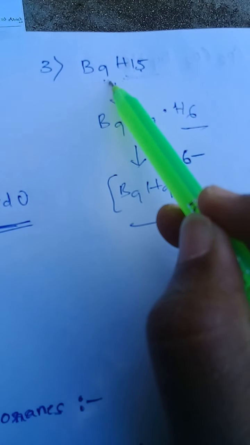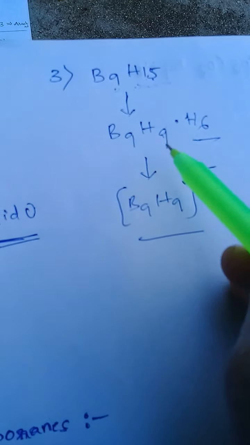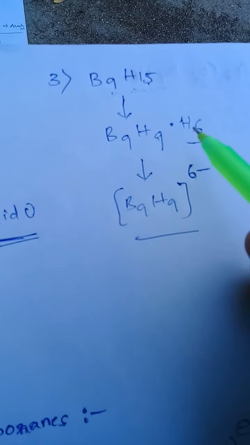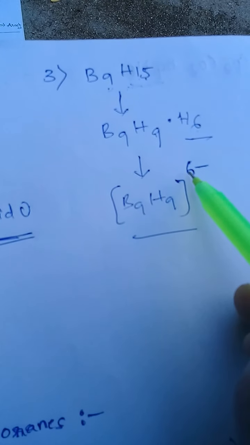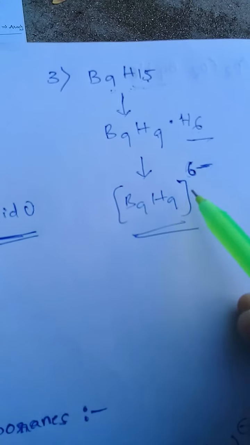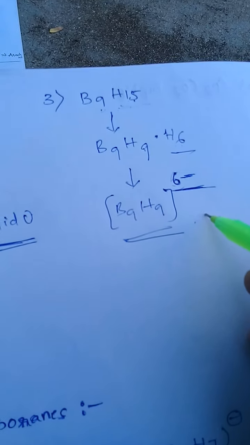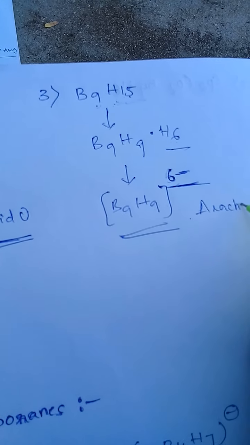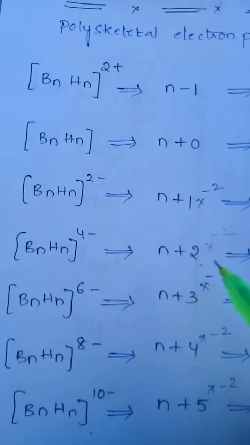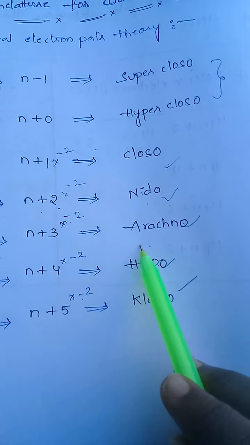Here 9 borons are there, so we take 9 hydrogens and the remaining hydrogens are 6, which are written as charge 6 minus. So for B9H9 6 minus, the structure is arachno. For BnHn 6 minus, the structure is arachno.